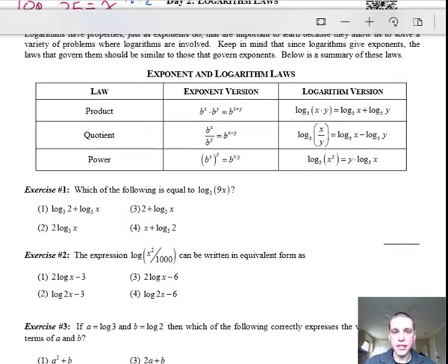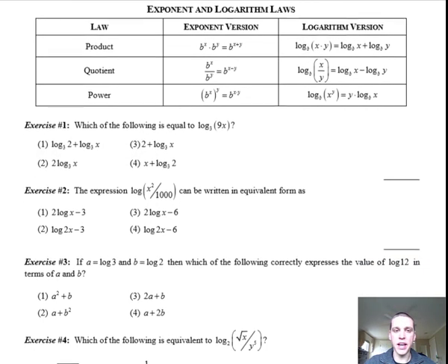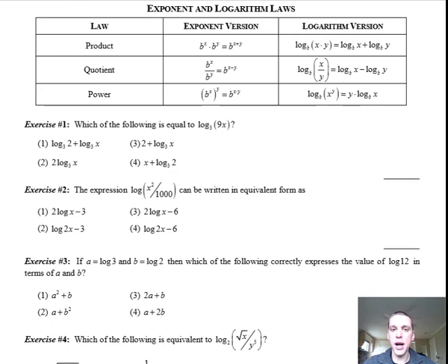To move on, we have the product, quotient, and power rule for exponents. We know that when we have b to the x times b to the y, that's b to the x plus y. b to the x divided by b to the y, we subtract exponents. And when we have a power to a power, we multiply exponents. It's the same idea. Since logarithms are inverses of exponents, we can use the same rules.